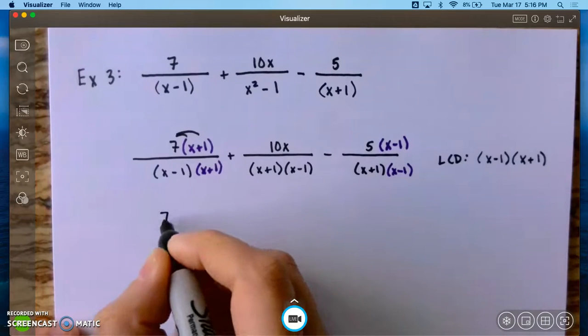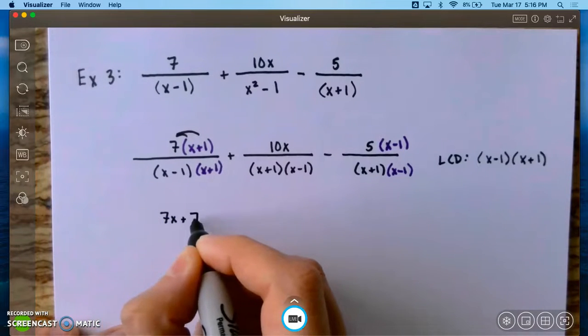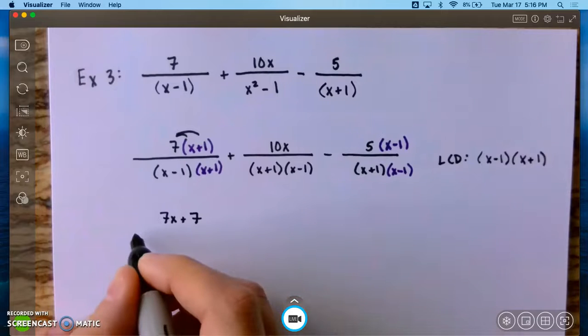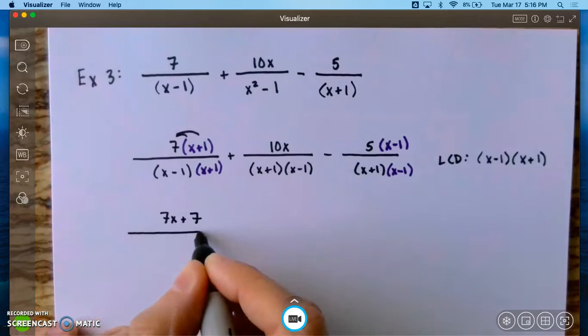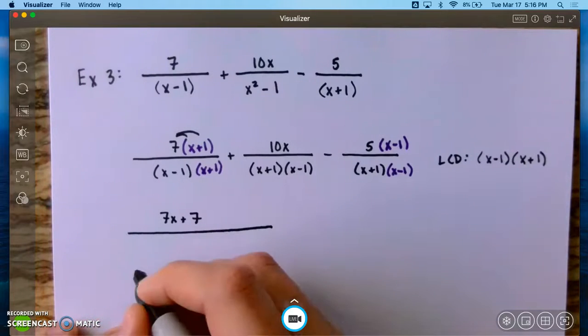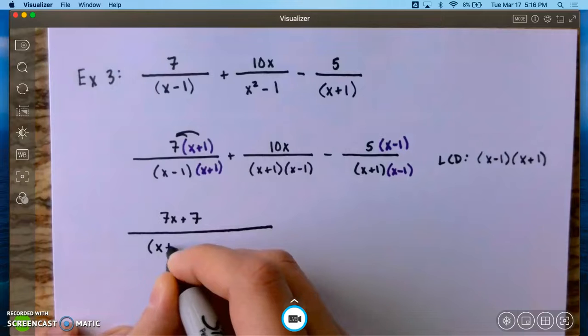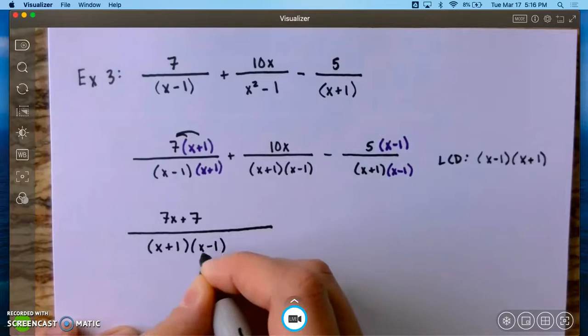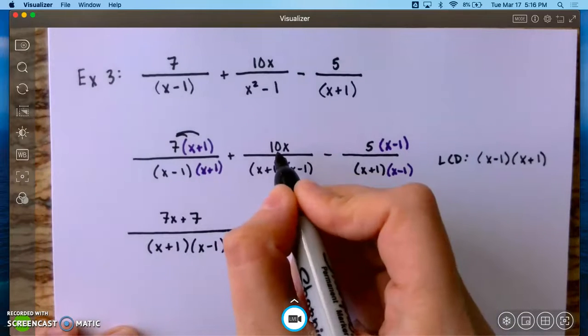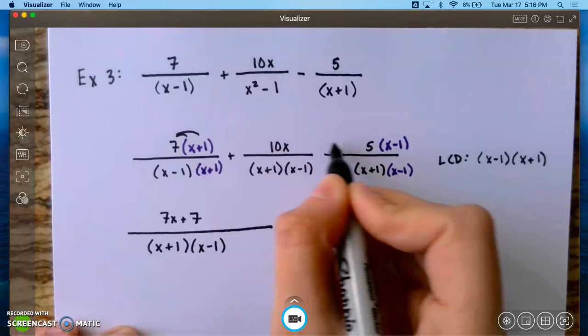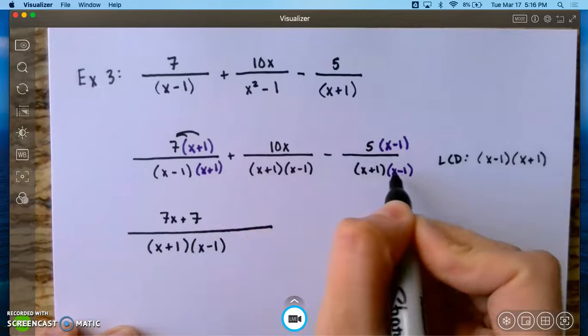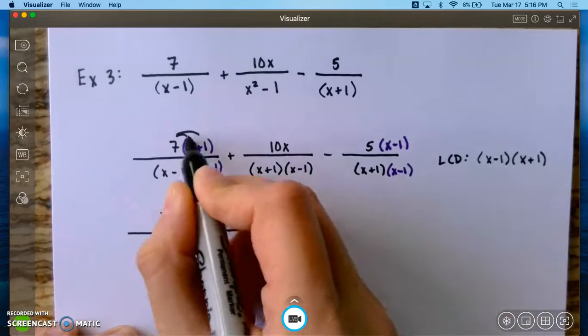So we're going to end up with 7x plus 7. And you know what? I'm going to put all of this over that denominator right away. Alright, so I'm ready to combine my numerators because my denominators are all common now. So I distributed here.